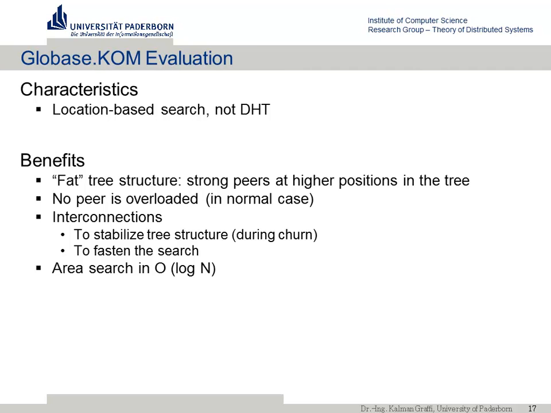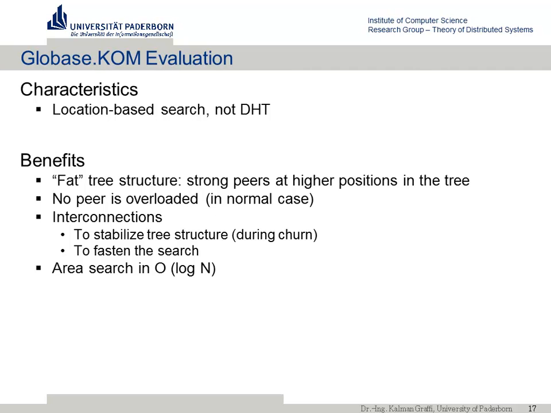And this is because while creating a new rectangular zone, a new responsibility area, you can pick where to place it and which node to assign to it. And so you can also pick the strongest peers. In the normal case, no peer is overloaded, because if it's overloaded, then it would create a new zone and it gets less load.